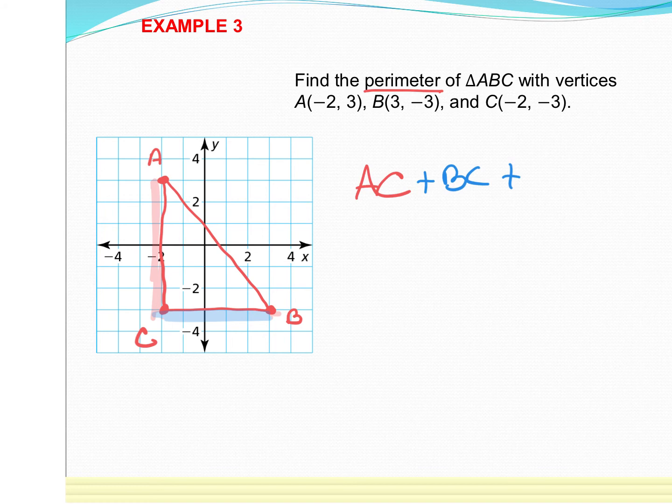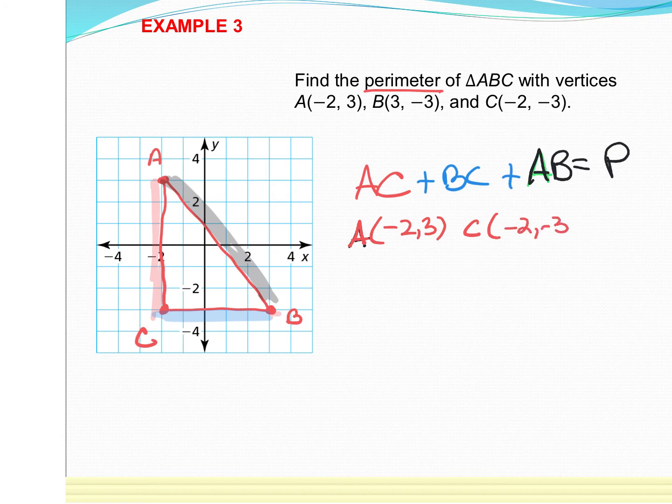This one over here. So plus AB is going to give me the whole perimeter. So let's work with AC first. So the ordered pair for A is, and we'll do it in red, -2, +3, and then C is -2, -3.